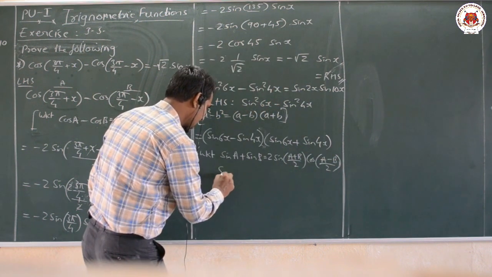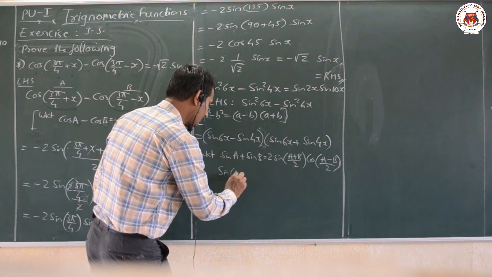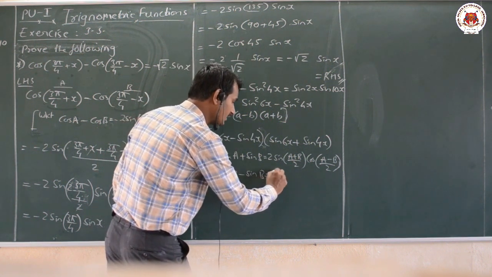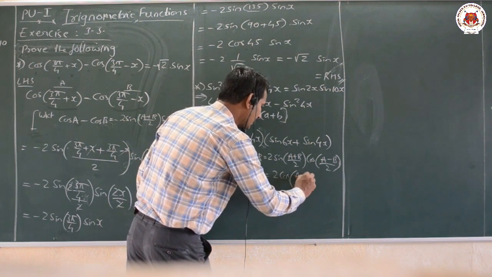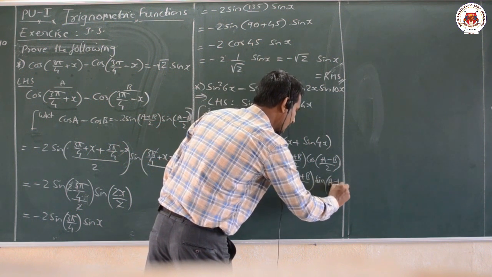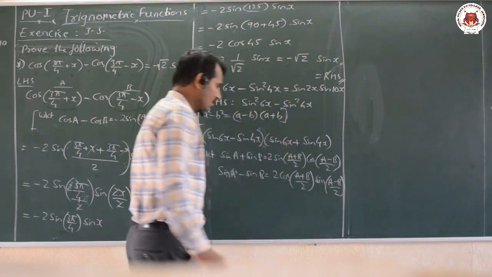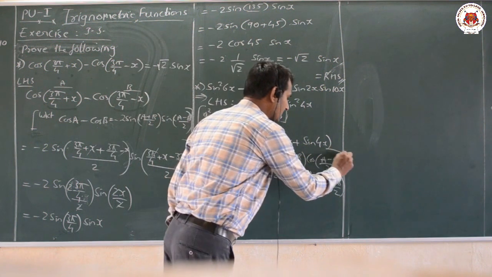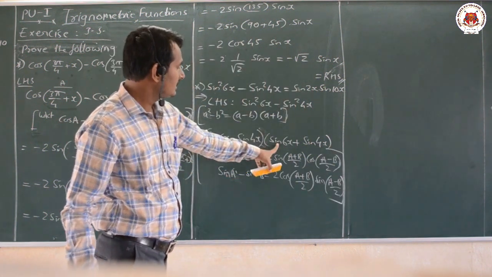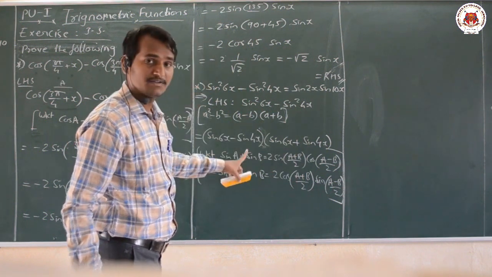Then similarly, sine a minus sine b is equal to 2 cos a plus b by 2 into sine of a minus b divided by 2. These two formulas, sine a minus sine b and sine a plus sine b, I will make use of here.